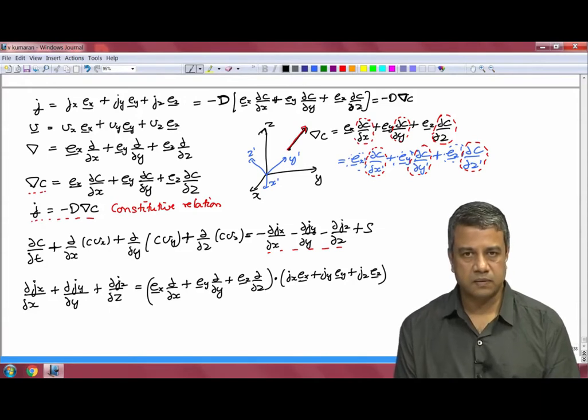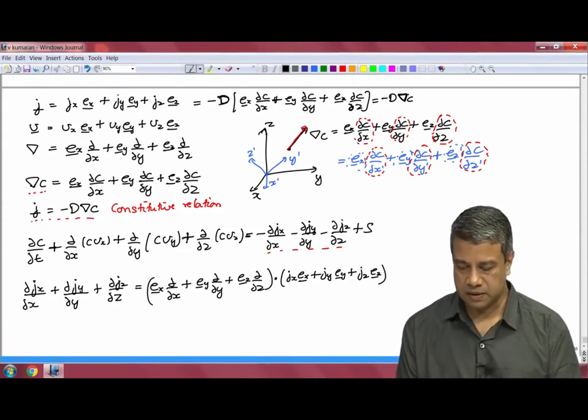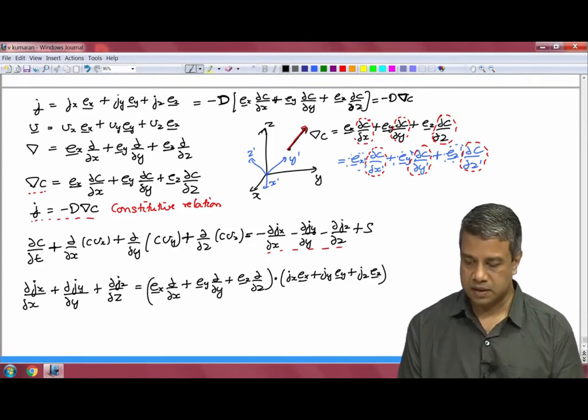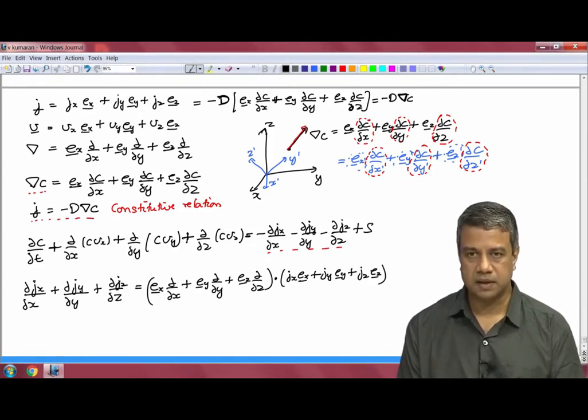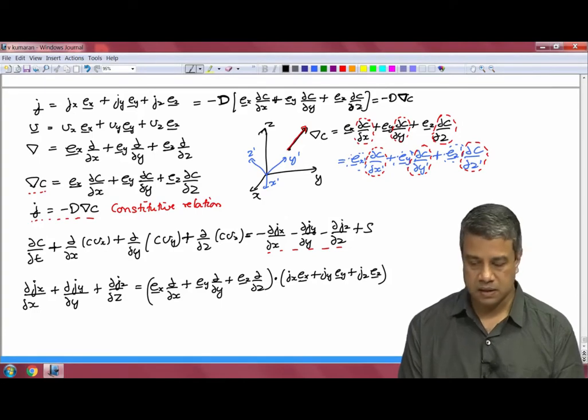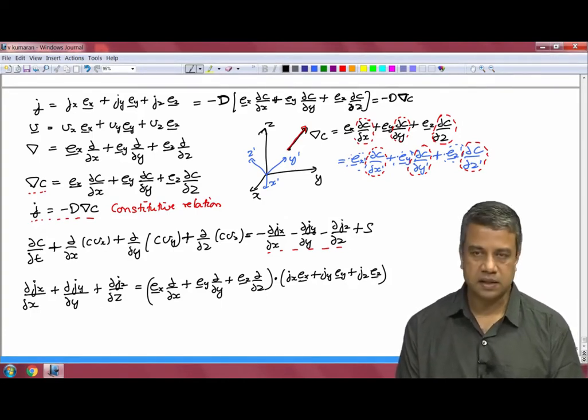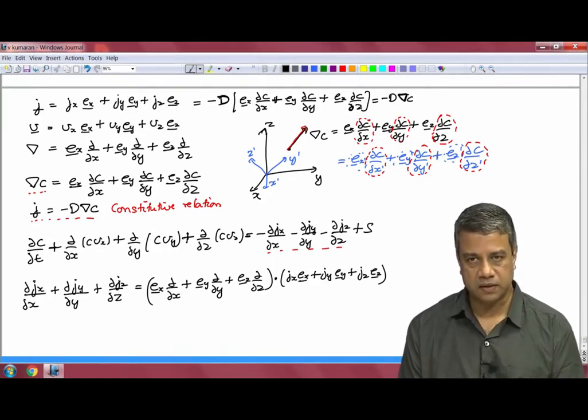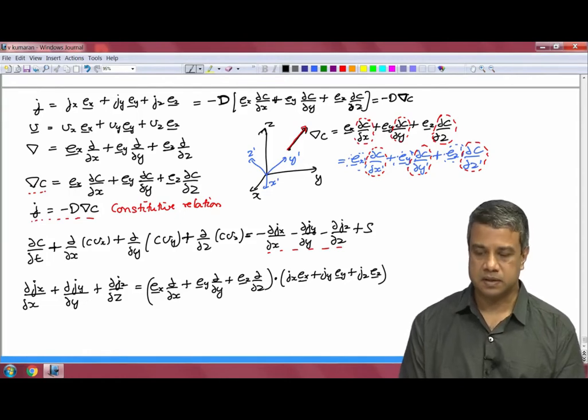This is an alternative way of writing the expression, where the dot is the dot product between the unit vectors. And recall that the dot product E x dot E x is 1, E y dot E y is 1, and E z dot E z is 1, whereas E x dot E y etc. are all 0. If the two unit vectors are not the same, then the dot product is 0.